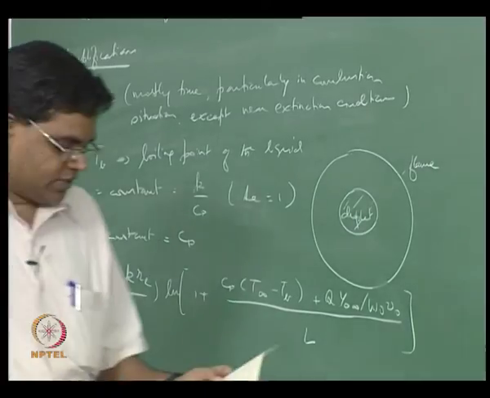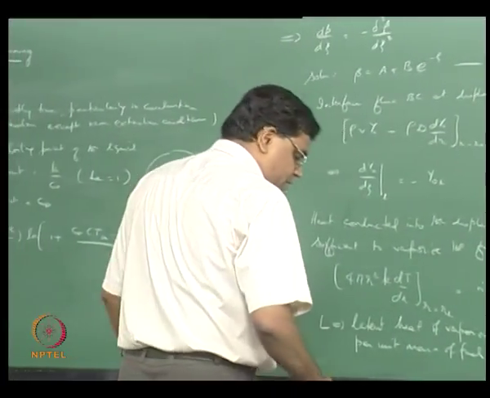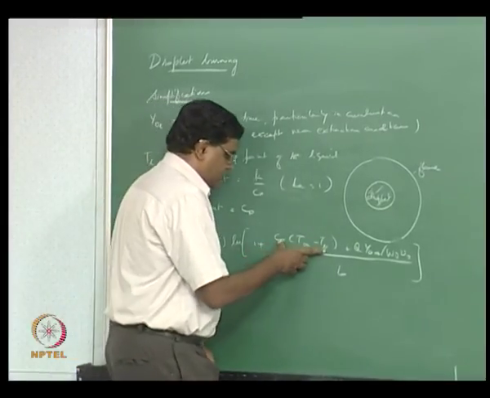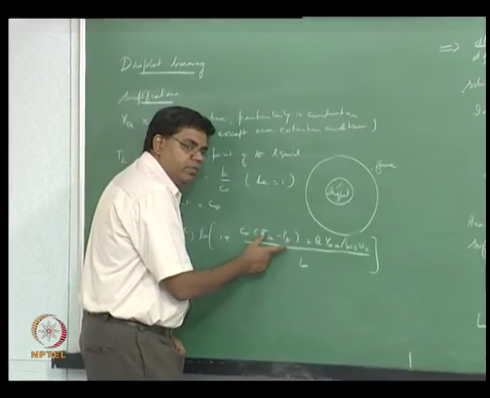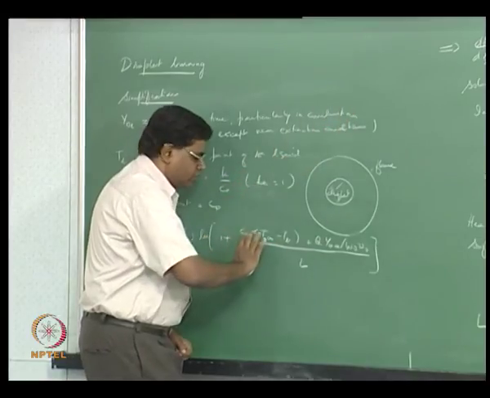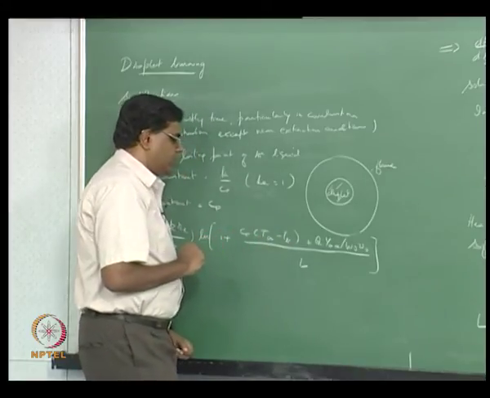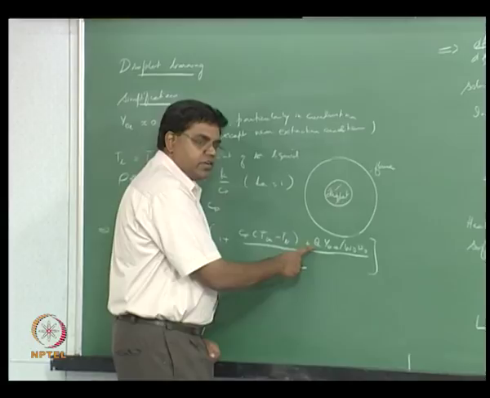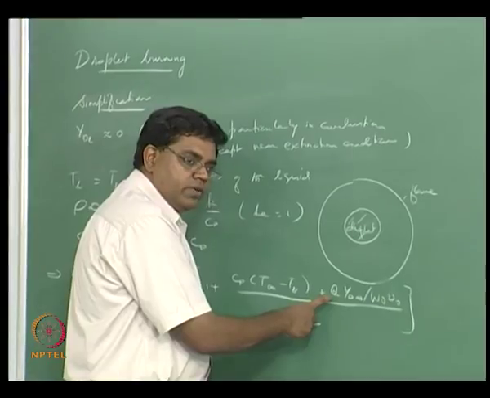We can try to understand something more. Let's just think about it for a minute. What this means is this is the sensible enthalpy for the gas going from the boiling point of the droplet to the ambient temperature. So this is the sensible enthalpy rise of the gas that's coming out of the droplet. This would actually be corresponding to the heat of combustion. So for the moment let's not worry about the heat of combustion.